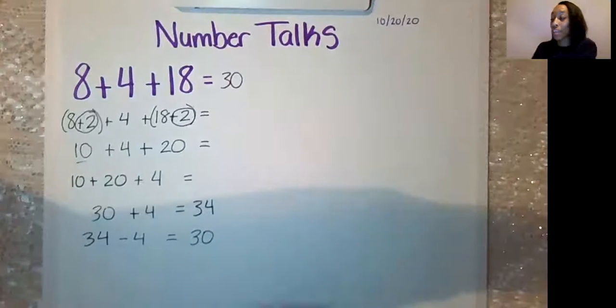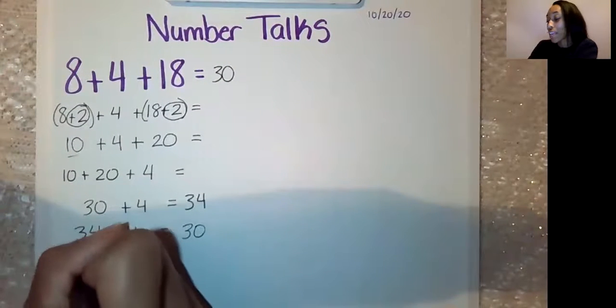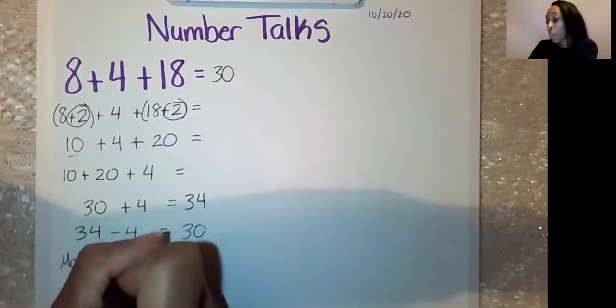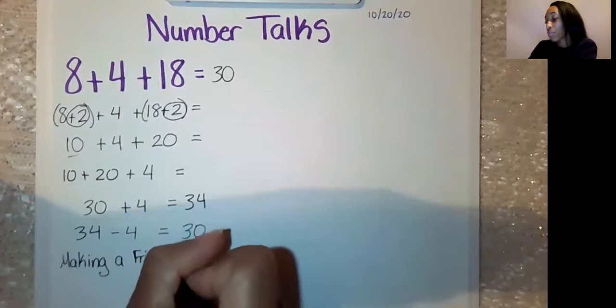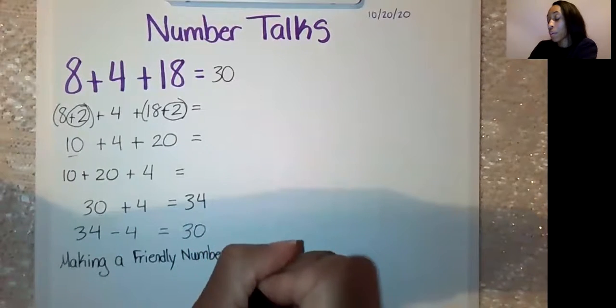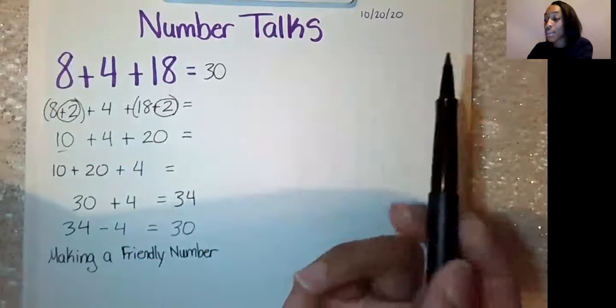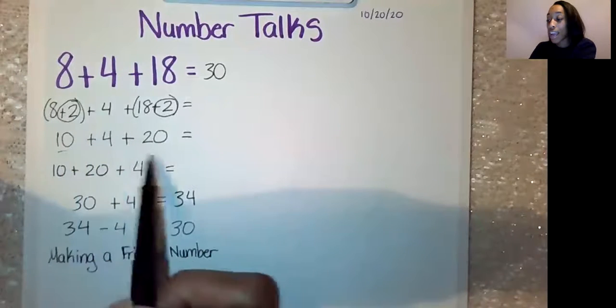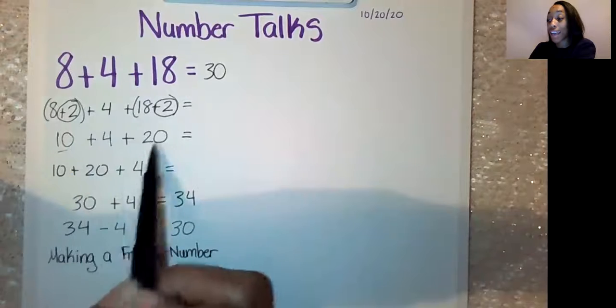And what was my strategy or your strategy? Hopefully you used making a friendly number. Right? I made friendly numbers for two addends. Then I just brought it down and I saw that I had two friendly numbers that I could combine and add.